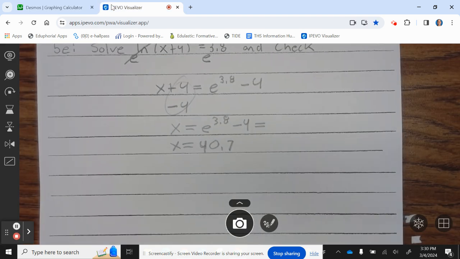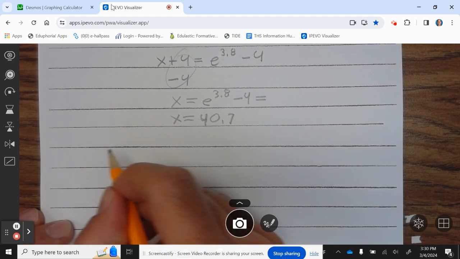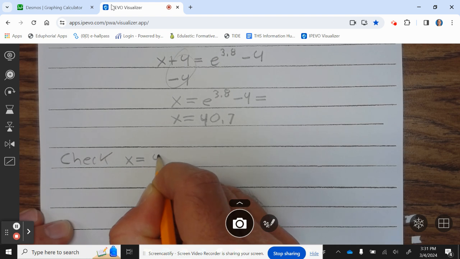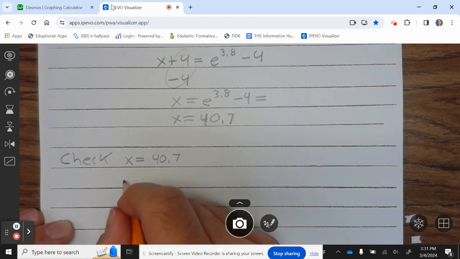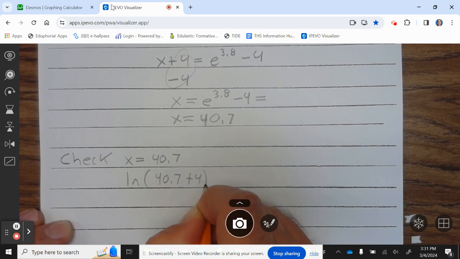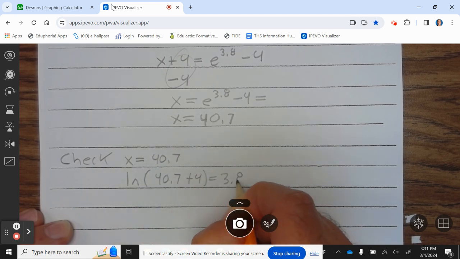All right. Let's go ahead and check. We know the right side equals 3.8. Let's see if the left side equals 3.8.